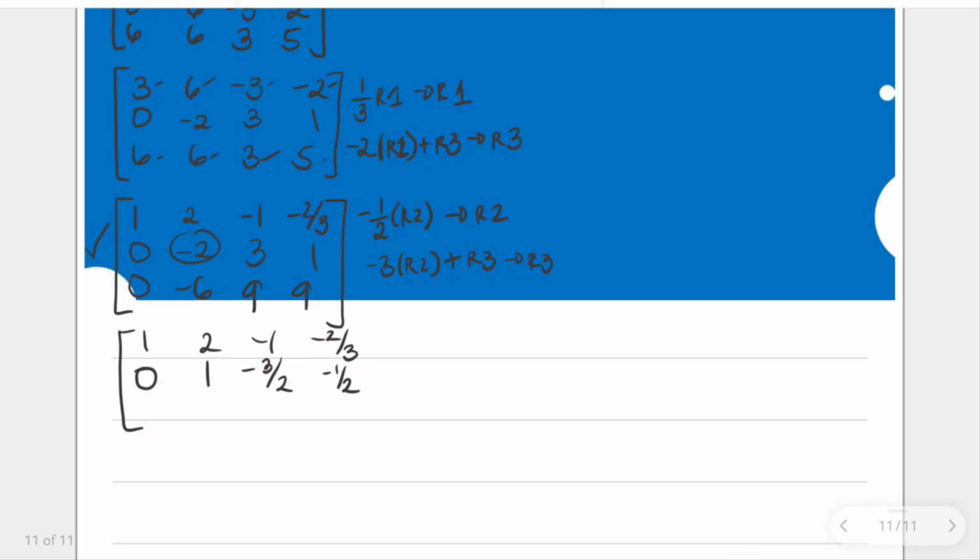Right? And then apply the necessary operations here. Negative 3 times negative 2 is positive 6 plus negative 6, 0. This is still 0 here. Negative 3 times 3 is negative 9 plus 9, 0. Negative 3 times 1 is negative 3 plus 9. I have here 6.